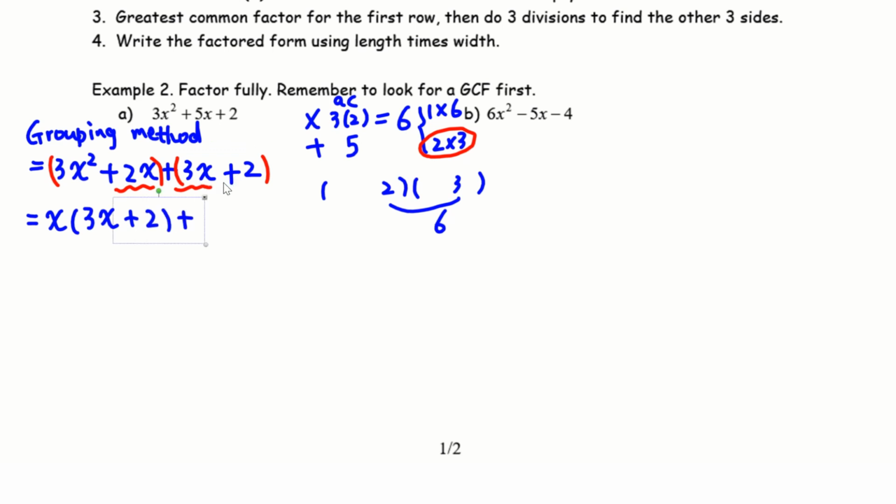Then for this one, the second term has no x, so x is not a common factor, and 3, 2 prime numbers, so no other greatest common factor than 1. So once we have the bracket the same, we could treat the bracket as a unit. So x dollars plus 1 dollar. No number at the front of this bracket is 1.